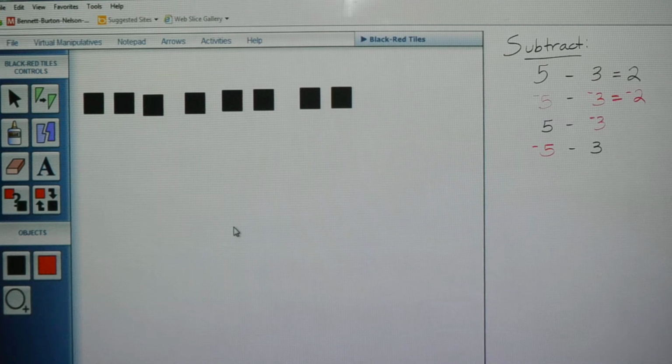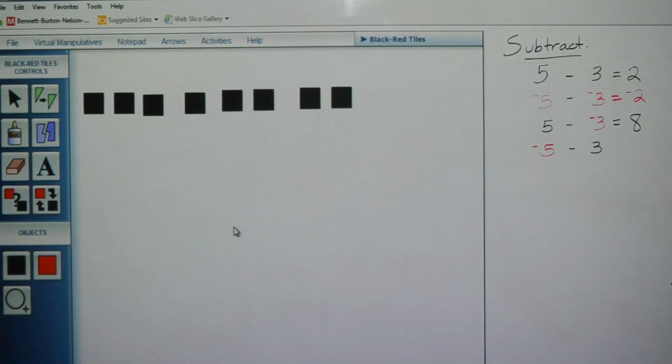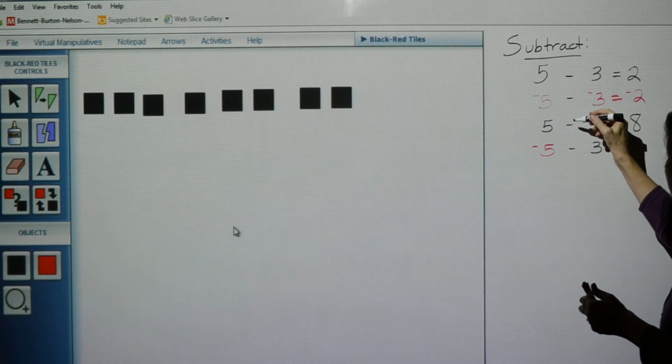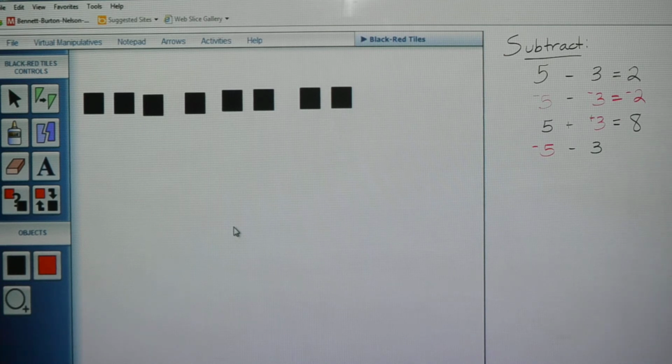And my answer turns out to be 8 black ones, or 8 positive. Remember your little rule from when you did algebra, that if you're subtracting a negative, you change the signs and add? Well, now you can see why that's true.